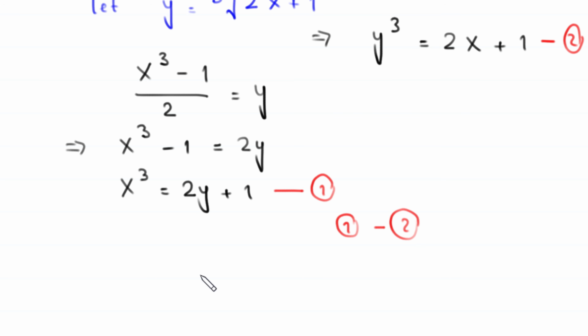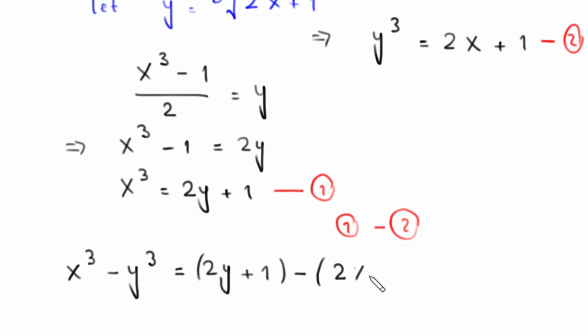So this will become x cubed minus y cubed equal to 2 times y plus 1, minus right hand side of equation 2, which is 2 times x plus 1.